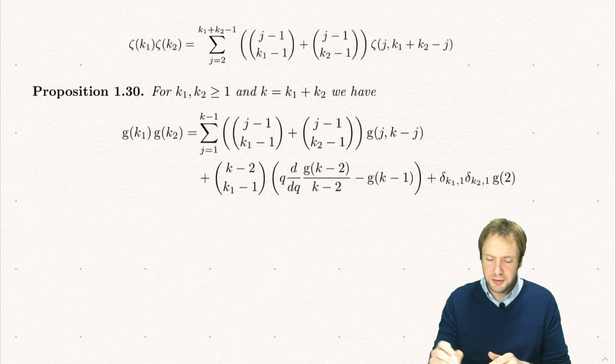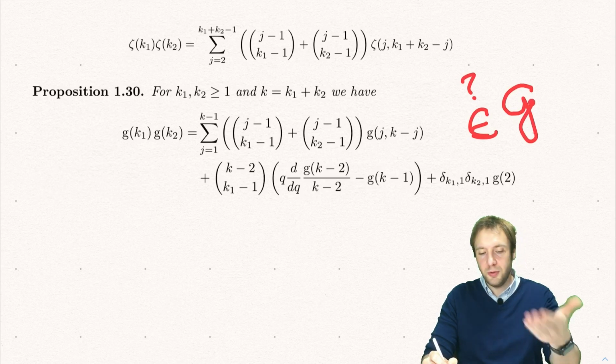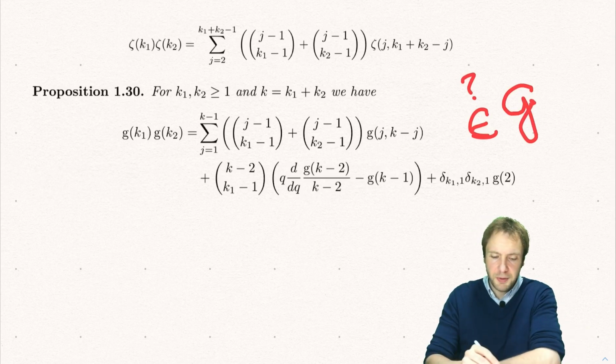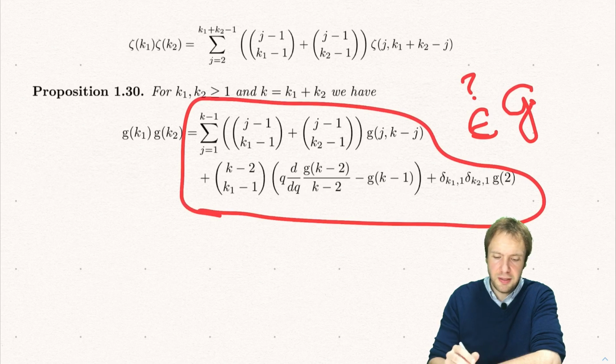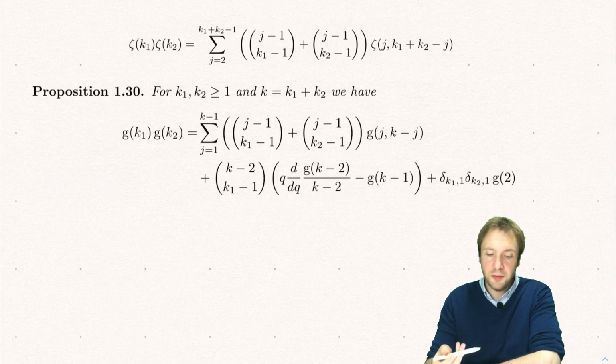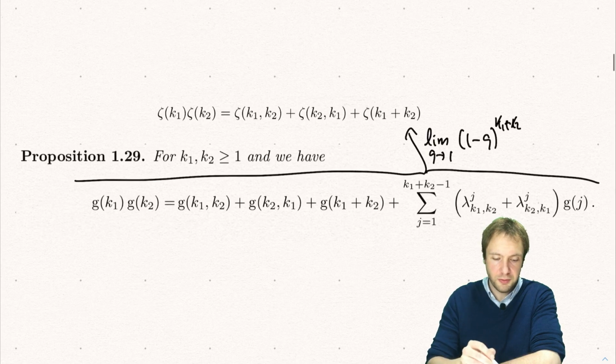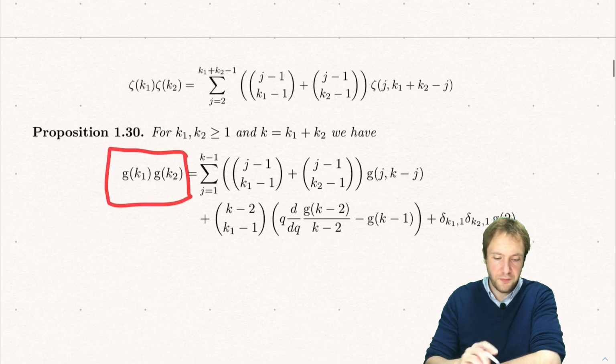So this product, we can ask, is this again an element of G? Well, we know this is an element in G because we had the other formula before, but from this expression it's not really clear because we have this derivative here. But you can also view it the other way around. We can use the product we saw before, this one here, to evaluate this.